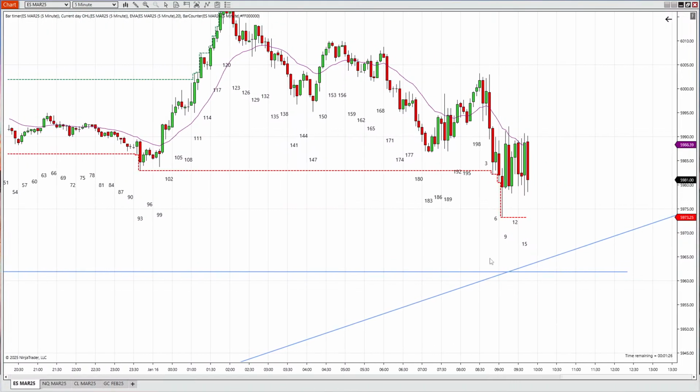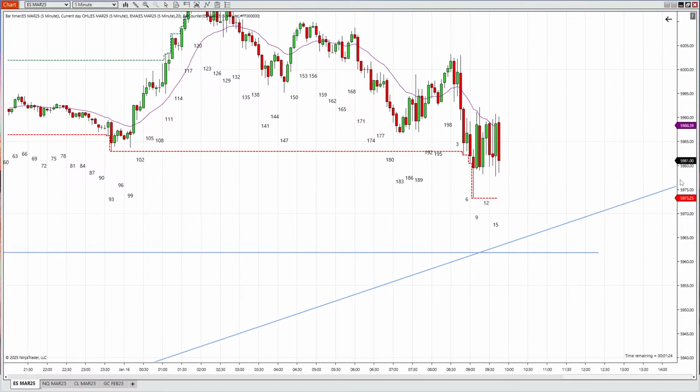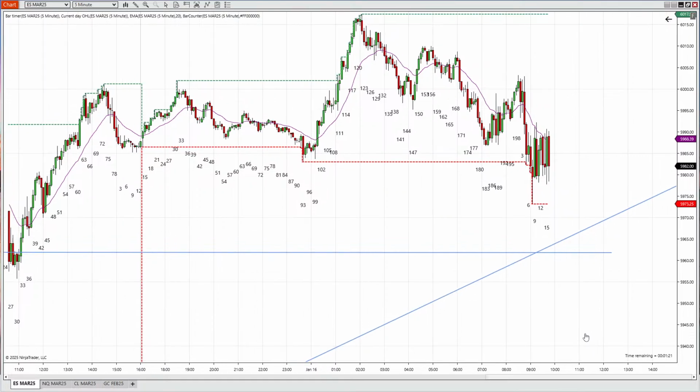We're buying. We really need to wait till we're in this area here. That's what I think if we're buying. We're going extremely sideways.